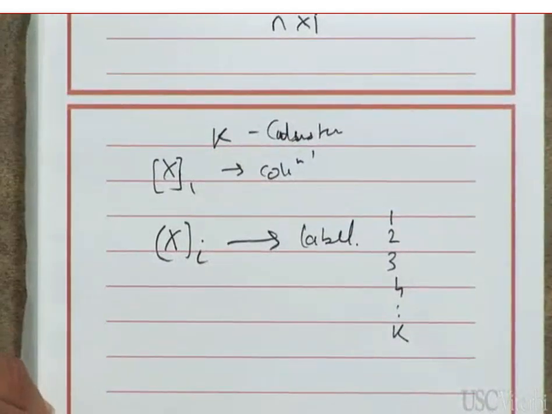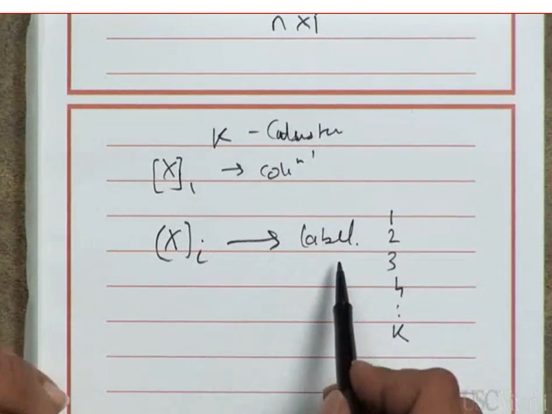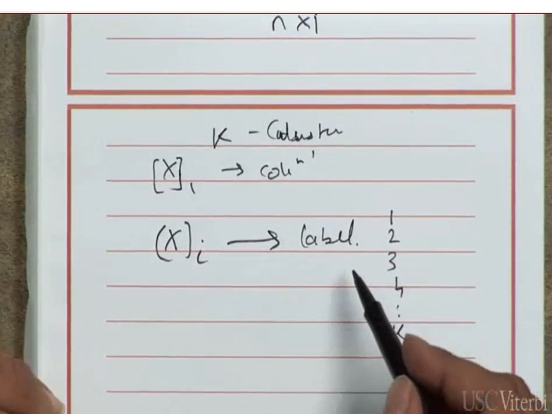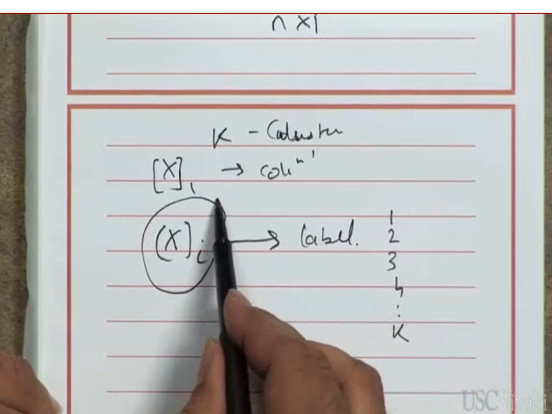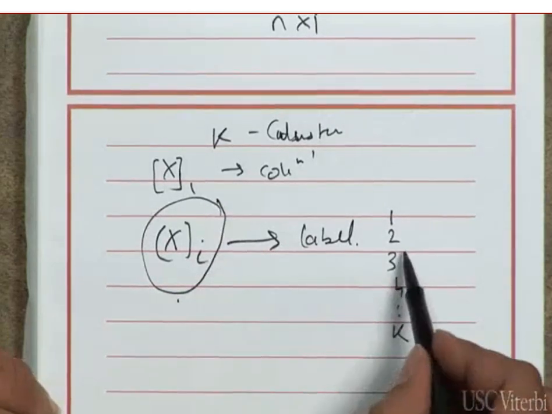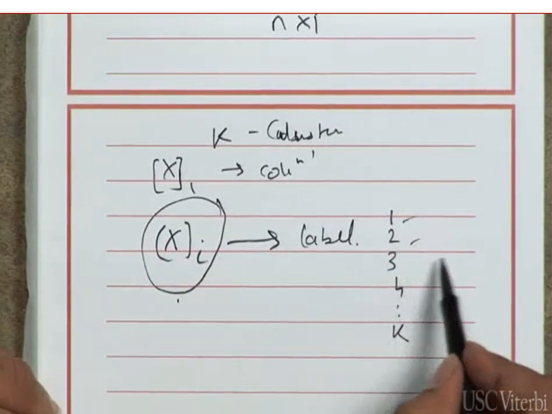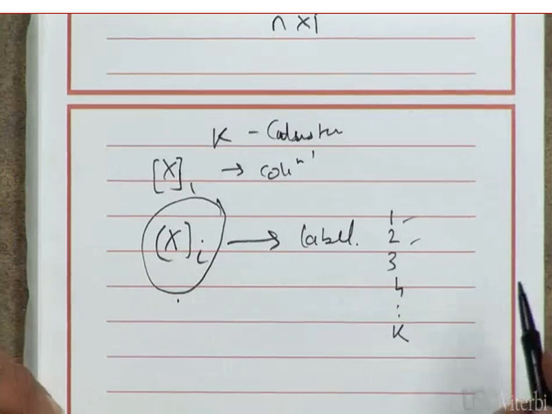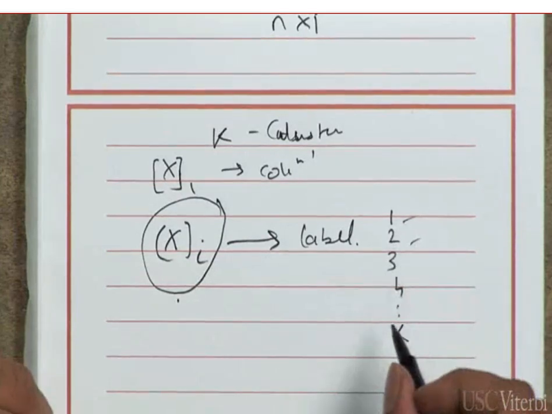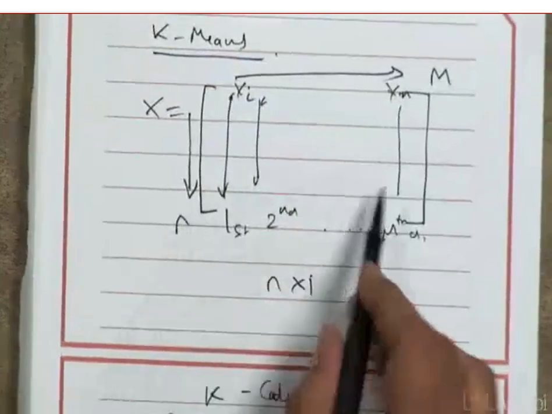What does this label tell me? This label tells me that this feature vector xi belongs to category 1, 2, 3, 4, or 5, right? So if you're doing clustering, you will cluster these into k groups, right?